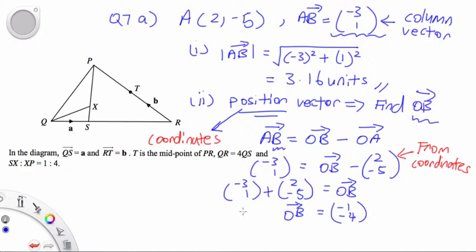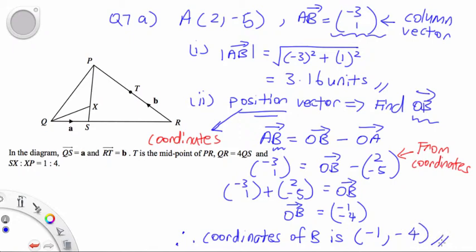Once you have your position vector of OB, straight away you can write down the answer for the coordinates. Therefore, coordinates of B is (-1, -4). So this is the answer they are looking for.